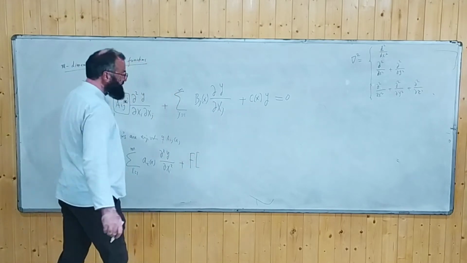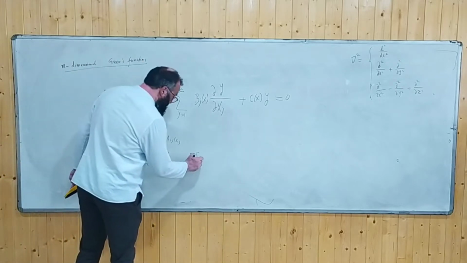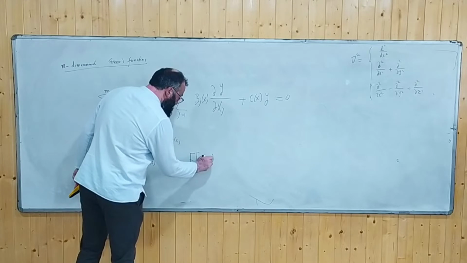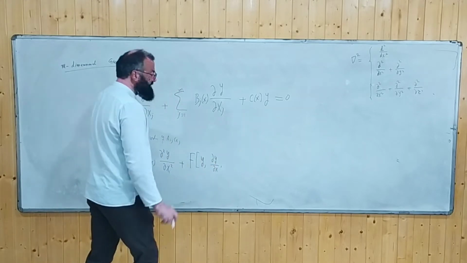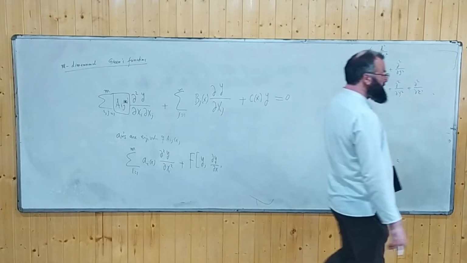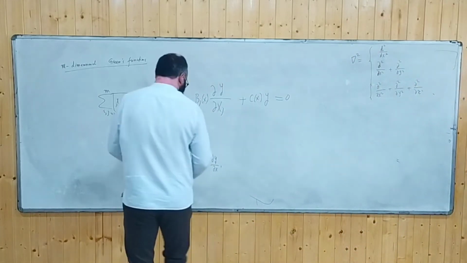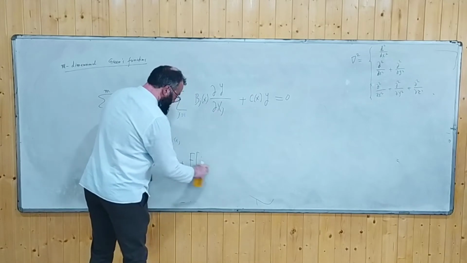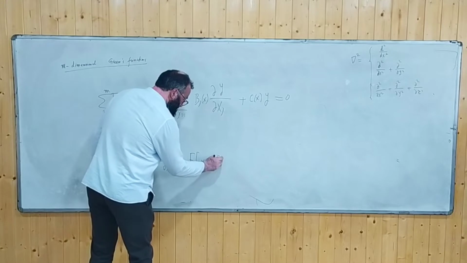What is it a function of? It's a function of y and its derivative, partial y by partial x, and some constants. Let me write simply x, y, and the derivative.